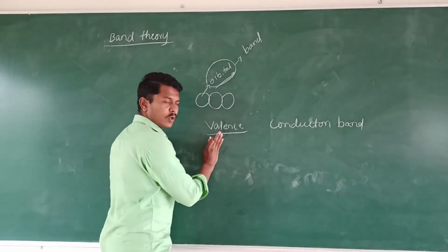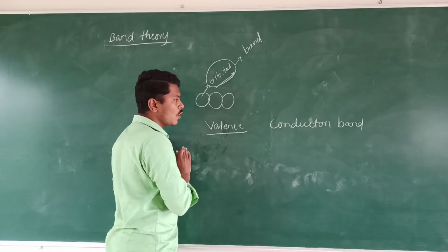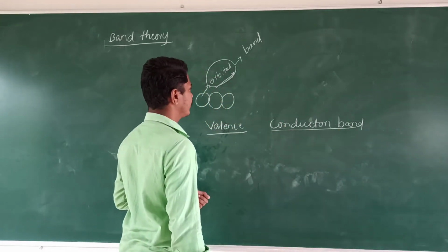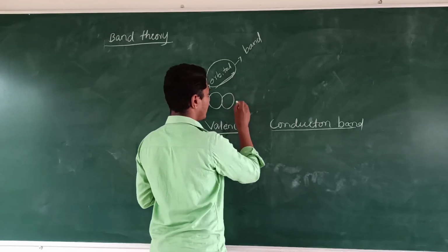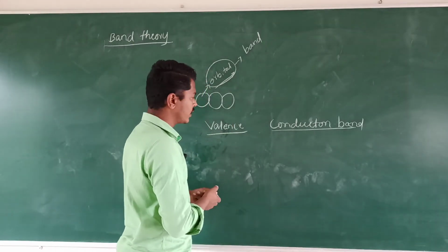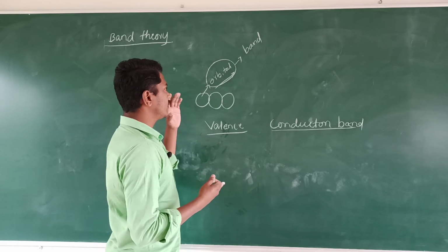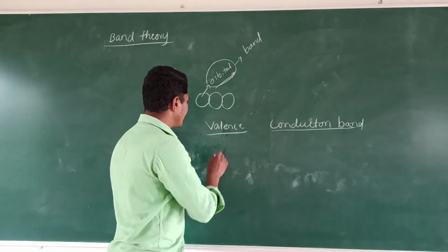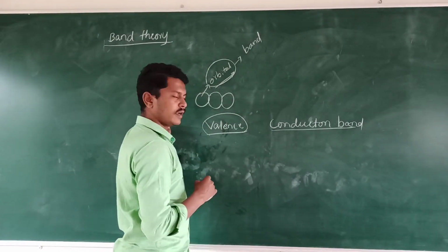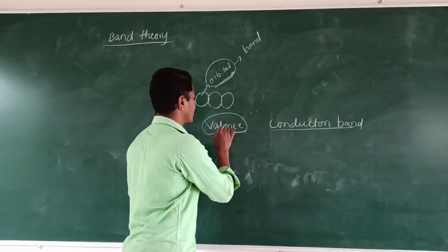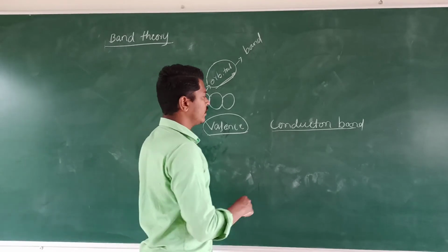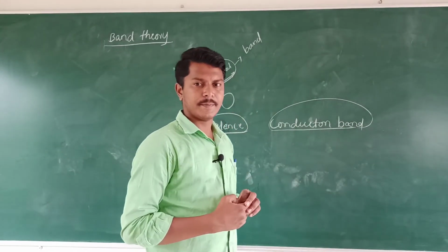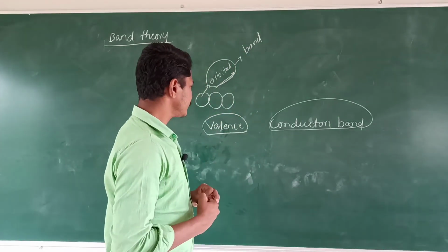One having lower energy is called valence band, and one having higher energy is called conduction band. In atomic or molecular orbitals, the completely filled, lower energy orbitals are called the valence band, and the higher energy orbitals are called the conduction band. Got it? Okay.